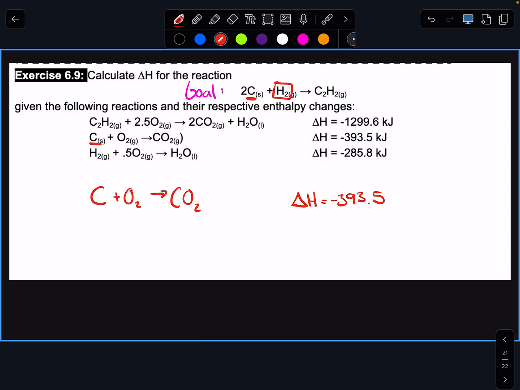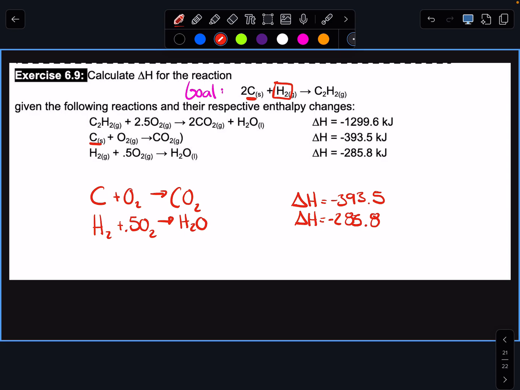The third one. And we want to keep it as is because it's a reactant. Okay, so I'm going to write that equation right below. I'm a big fan of lining up your arrows as you rewrite because it will really help you see what are the reactants and what are the products. Okay, and then that means I'm going to keep my delta H as is.